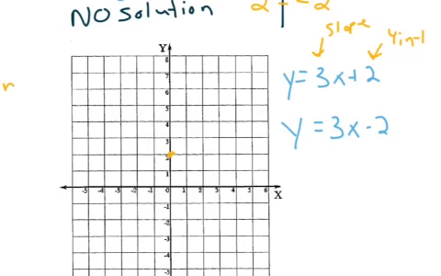Remember, if your slope is just a whole number, put it over 1, and that would be equal to your rise over your run. So from my y-intercept right here, I'm going to rise 1, 2, 3, and run 1, and I'll plot my point right here. Going to do that again, rise 1, 2, 3, run 1, plot my point.